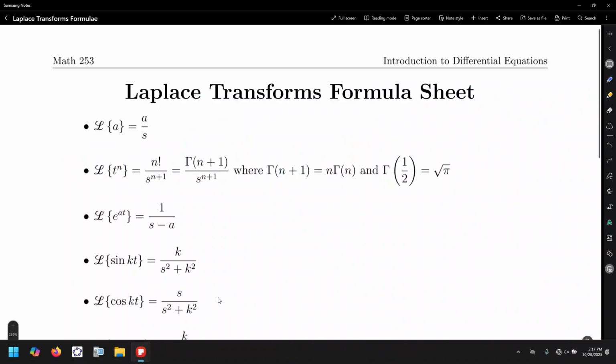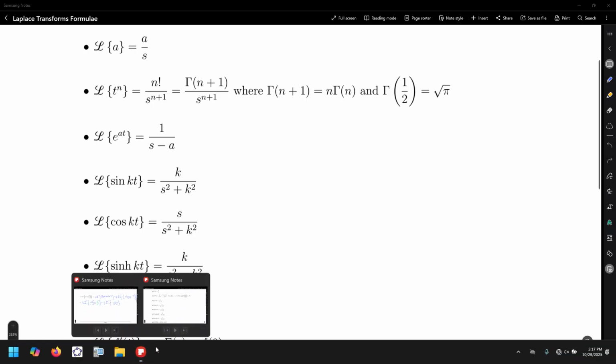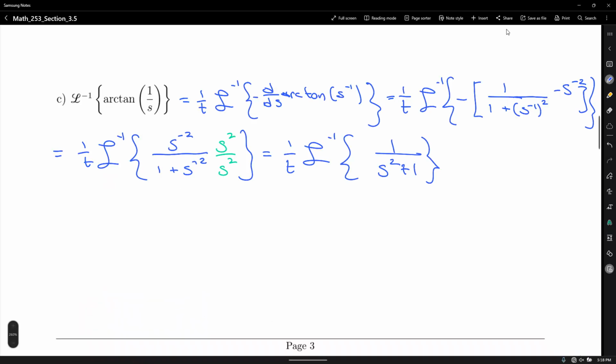Well, on the formula sheet, it's a transform with the sine function. There's a 1 squared and a 1. In this case, we don't need to compensate any factors. So that equals sine t over t. So that is our final answer.